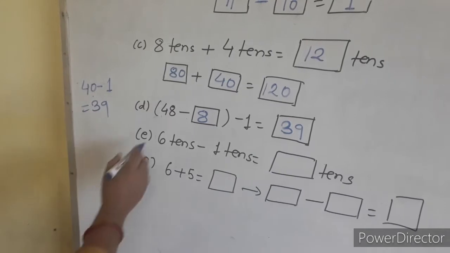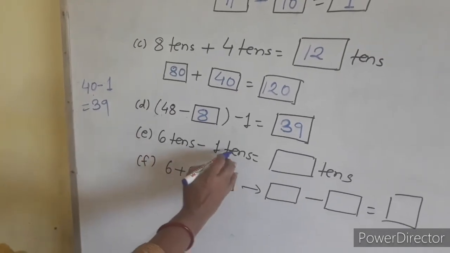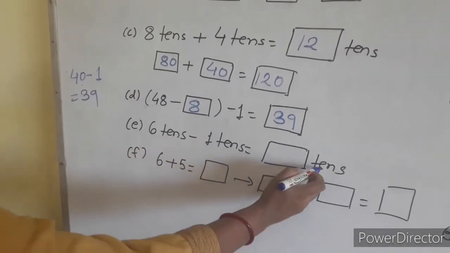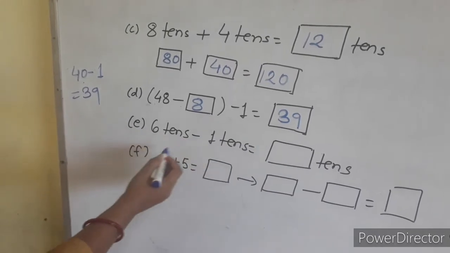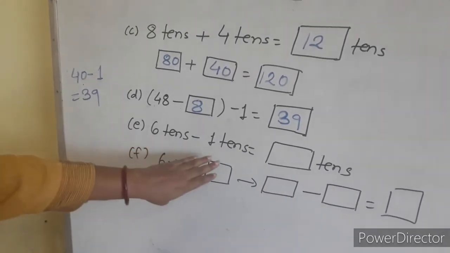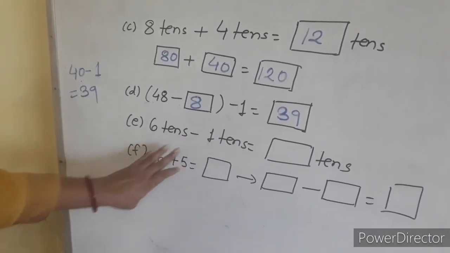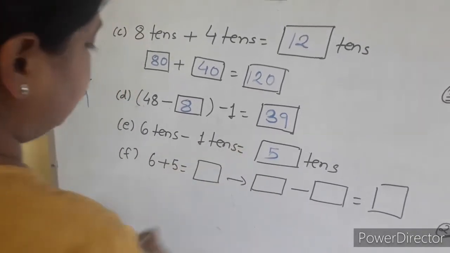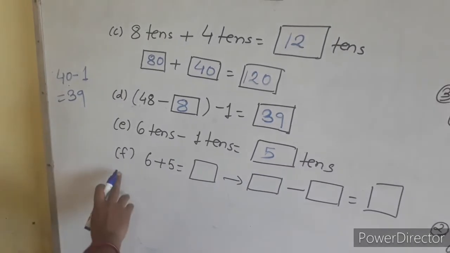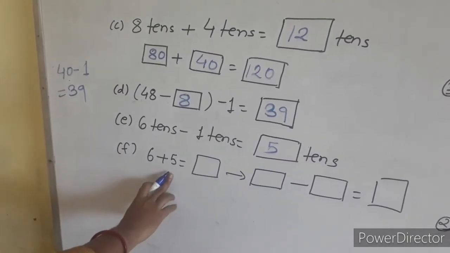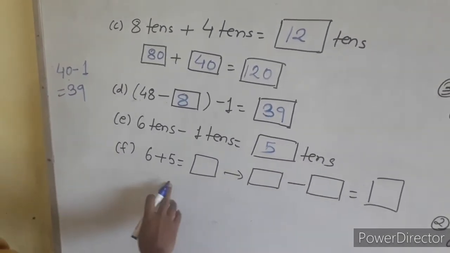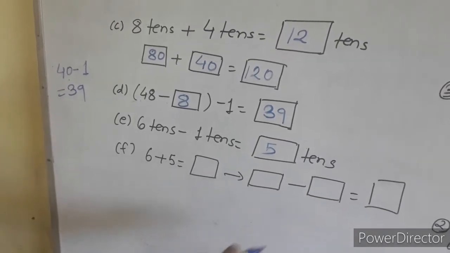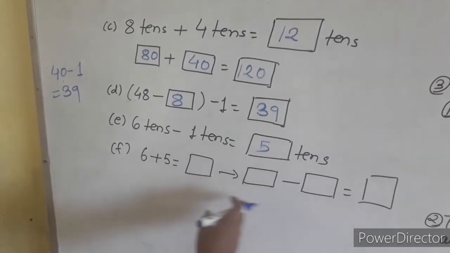Okay. Then 6 tens plus 1 ten minus 1 tens, dash tens. So if you subtract 6 tens with 1 tens, means 6 minus 1, what will we write? 6 minus 1, that is 5 tens. If 6 plus 5, dash. So actually it is the repeated subtraction.